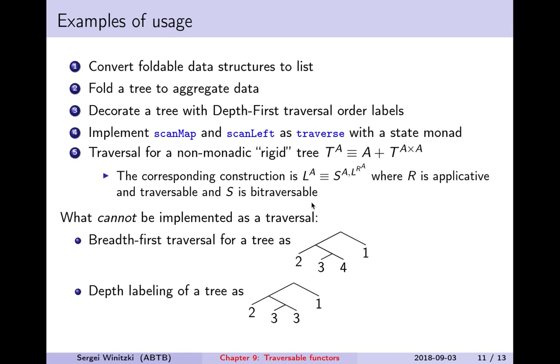And the last example is to traverse a rigid tree or a non-monadic tree. I don't think rigid is a widely used word to describe this kind of tree, but basically imagine a tree that must have all branches full, so it cannot be unbalanced at any time.